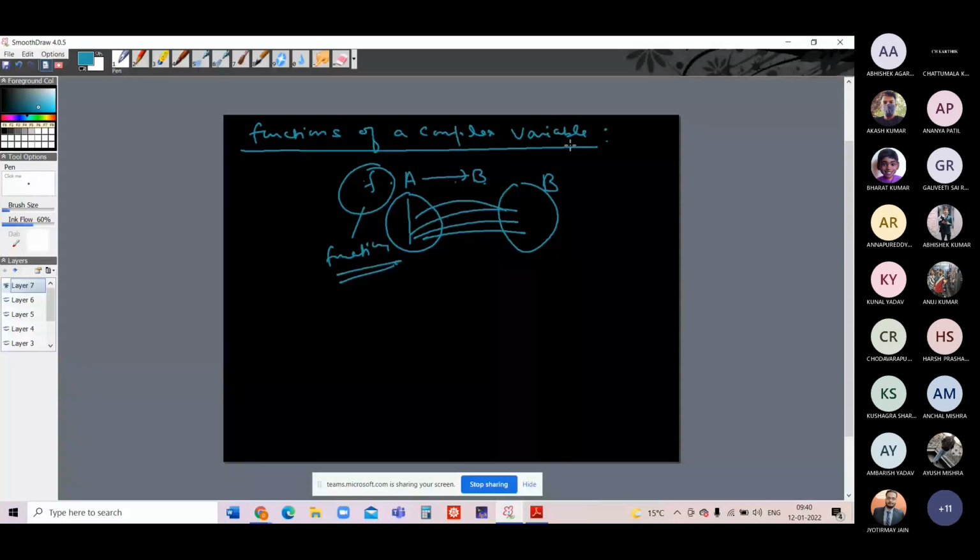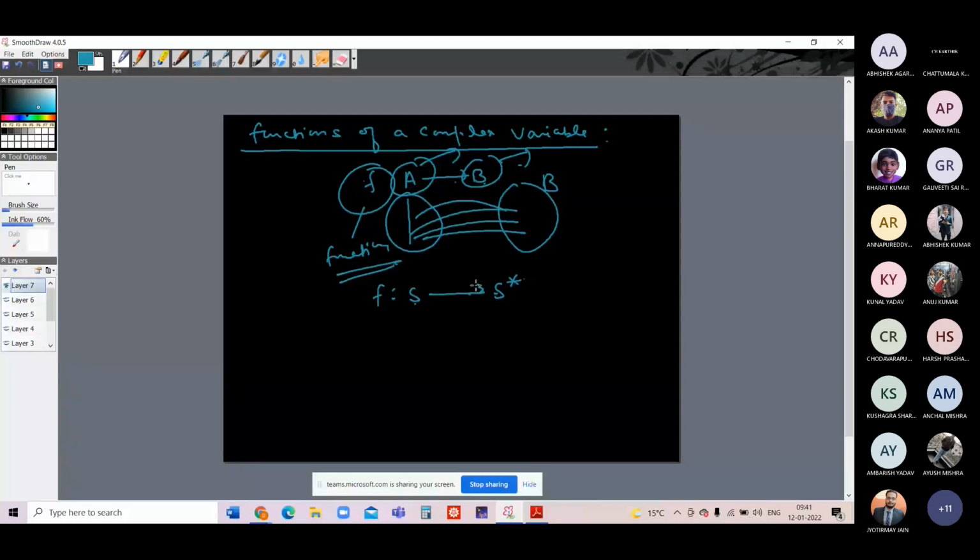In the same way in the complex variable also. Here, this set is replaced by a set of complex numbers. So here also f is a rule which assigns a number. Let S be a set of complex numbers, and S star also another set of complex numbers, and both sets are non-empty, and f is a rule which assigns every element of S to an element of S star.